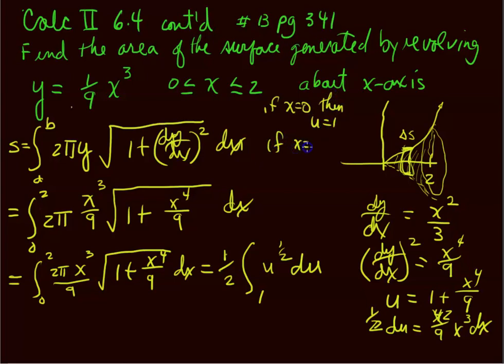If x equals 2, then u is equal to 1 plus 2 to the 4th over 9, or 9/9 plus 16/9, which is 25/9. Does that make sense? Can I put that here? 25/9.